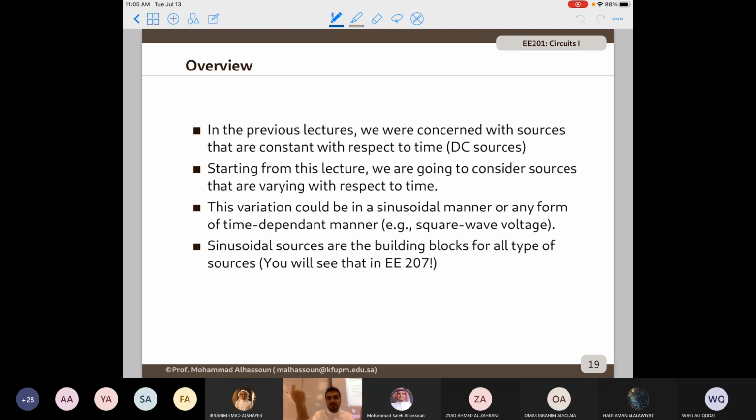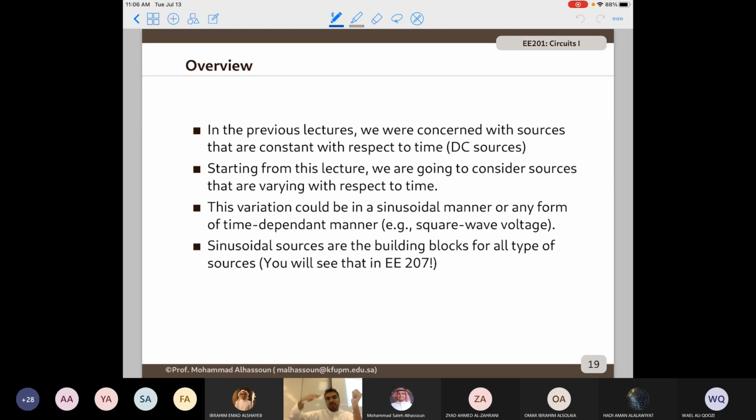That's why we have constant current with respect to time. For AC sources, we're considering a source that's actually alternating or changing its value with respect to time.